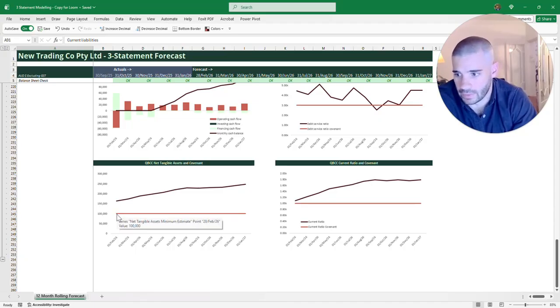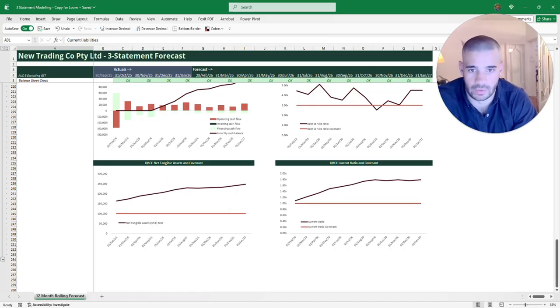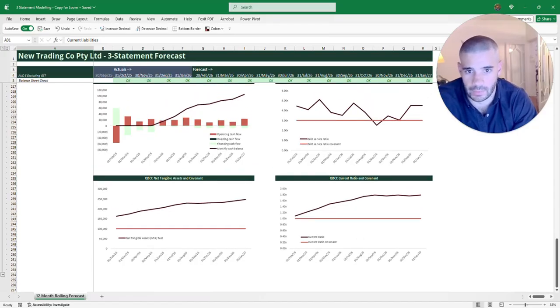We might have to maintain at least 100 grand worth of net assets, and this chart is saying we should meet that and exceed it over time. These are important because we would have to report to the QBCC if we breach these, and our license might be at risk.